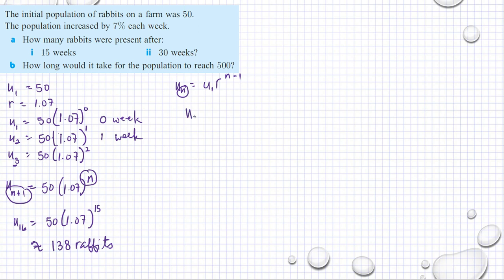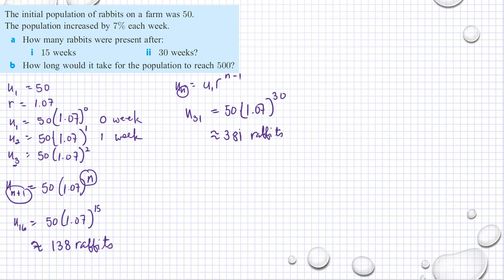So we have u sub 31, that is equal to 50 multiplied by 1.07 raised to 30. If we solve that, that is approximately 380.6, so we take 381 rabbits.